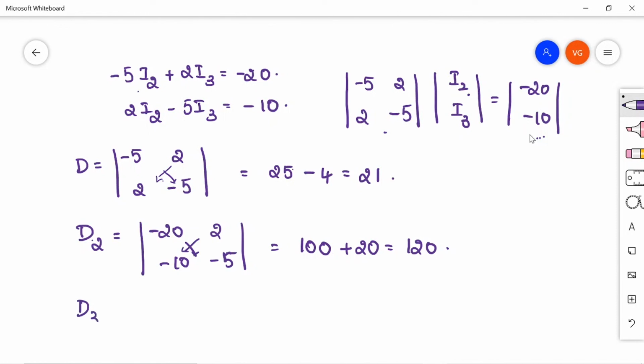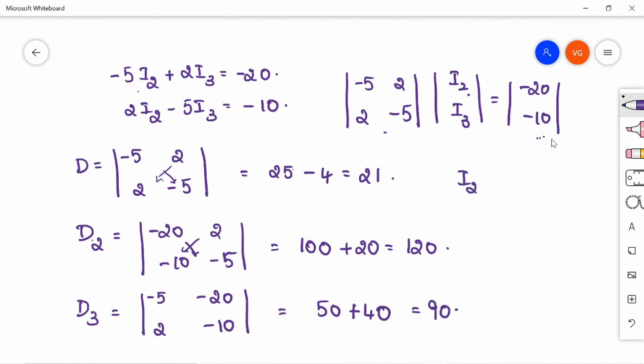Then again to find out I3, we have to calculate the determinant D3. For this you have to replace the second column with minus 20 and minus 10. Minus 5, 2, minus 20 and minus 10. So that is equal to 50 plus 40, that is equal to 90.